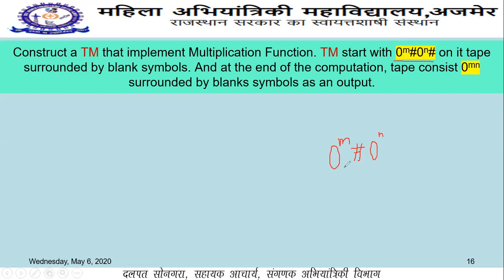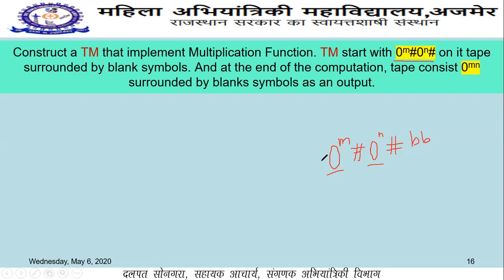You can think of this as the multiplicand and this as the multiplier. The multiplier is also separated by this hash symbol, and the whole string is surrounded by a number of blanks.